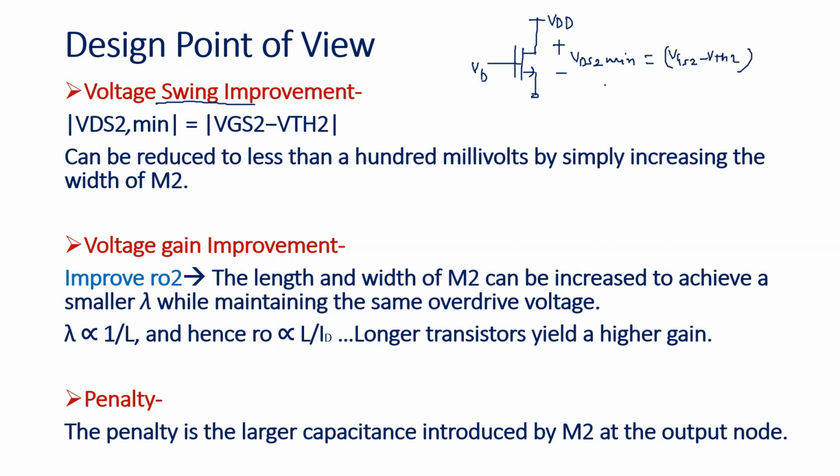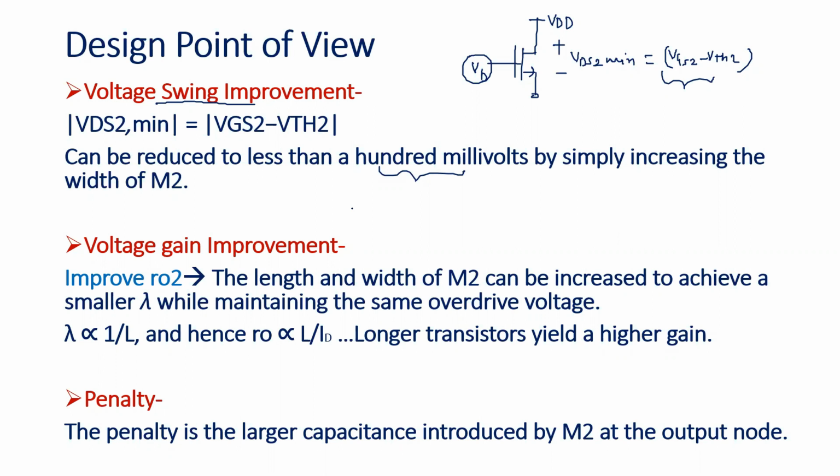So this potential is an overdrive. Previously this potential was the drop across the resistor, but here it is a very small value. By controlling the gate potential of this device, we can control this overdrive voltage, and we can reduce it to less than 100 millivolts by simply increasing the width of M2.